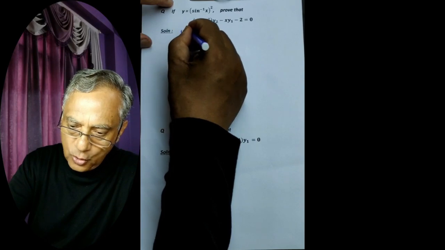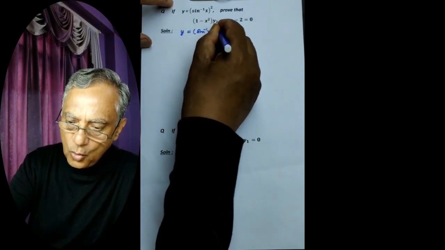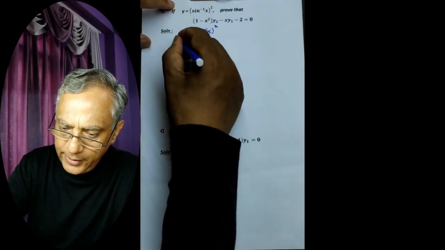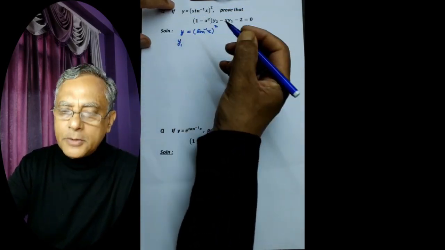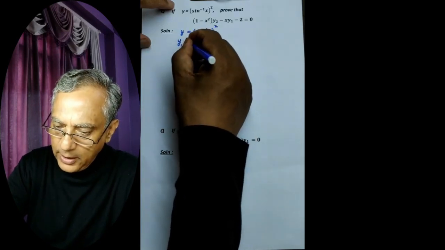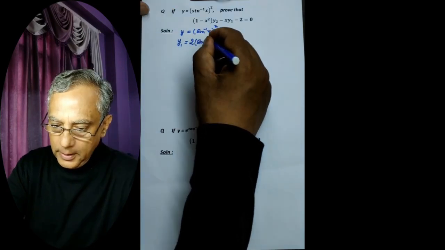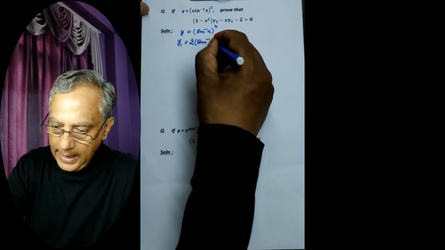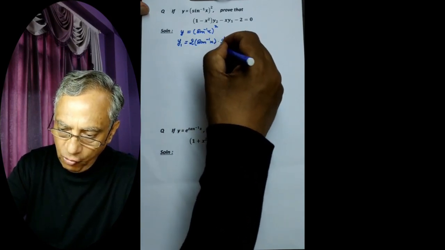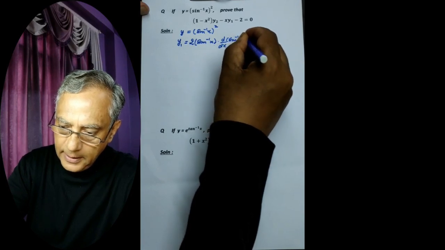y is given to be sine inverse x whole square and we have to prove this. So what we do is we differentiate this with respect to x. So y1, first derivative of y, must be equal to 2 sine inverse x into d by dx of sine inverse x.